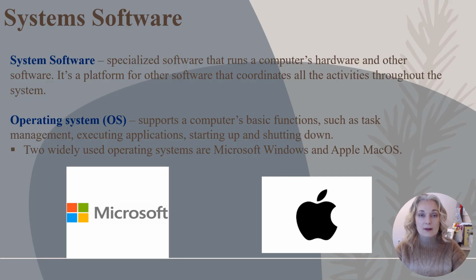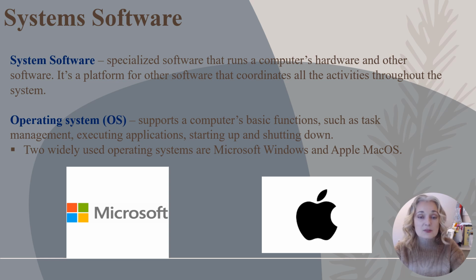Now let's talk about a specific type of software, system software. System software is specialized software that runs a computer's hardware and other software. It's a platform for other software that coordinates all activities throughout the system.